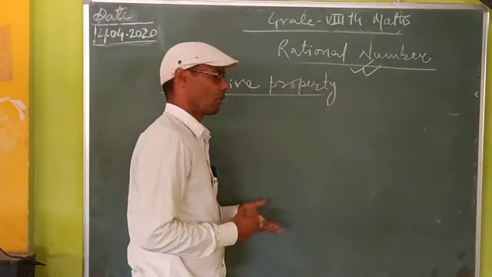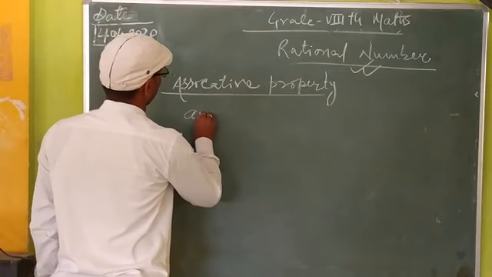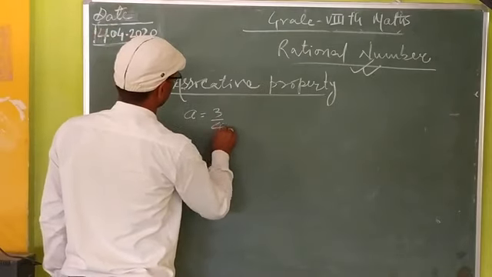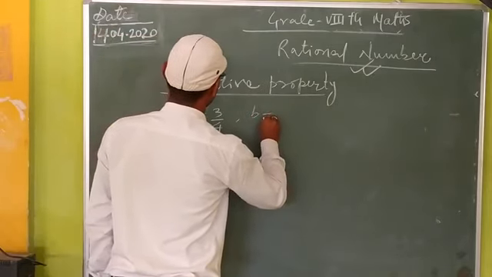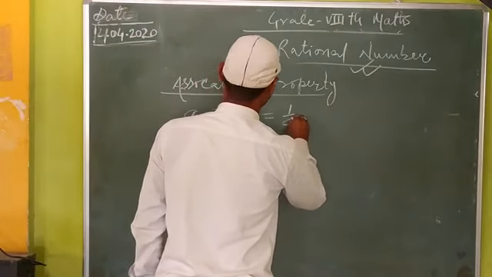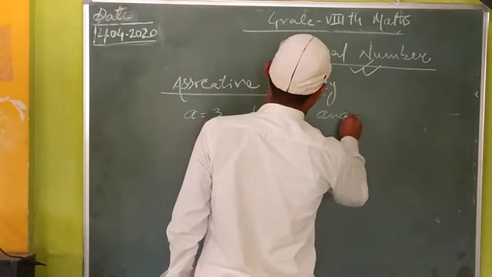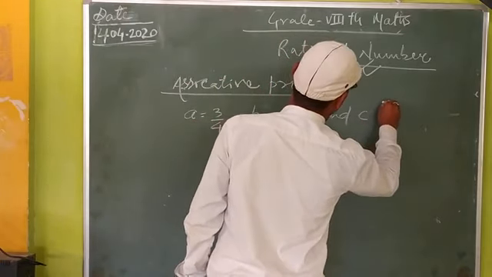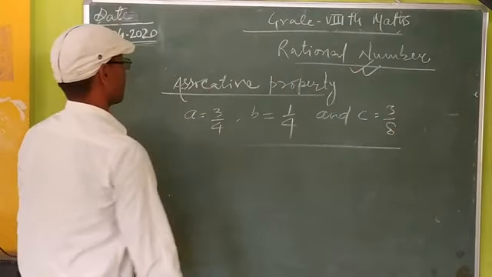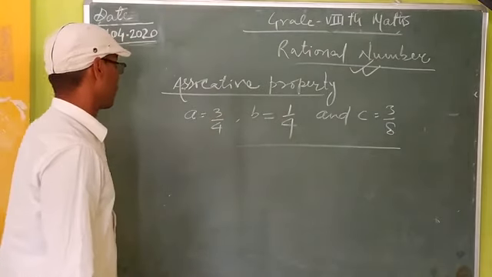Suppose A, I am taking 3/4, B 1/4 and C 3/8. What result does the associative property give?